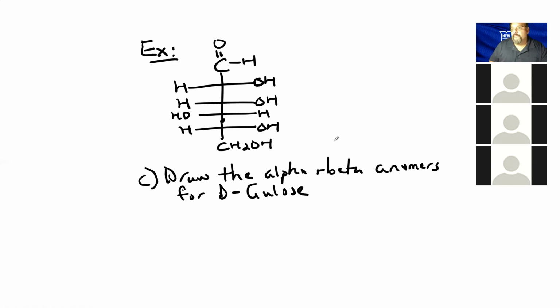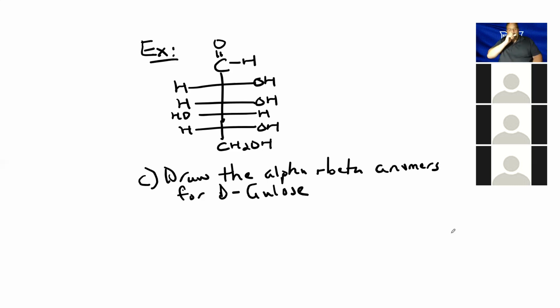And the only difference between the two cyclic forms is the direction that the C double bond O oxygen ends up going when it becomes OH. If it ends up going down, that gives us the alpha version. If it ends up going up, that gives us the beta version.